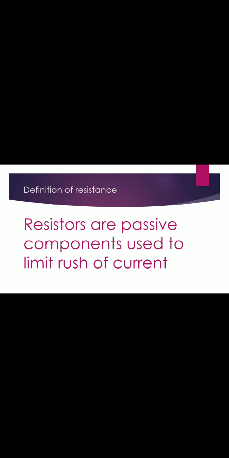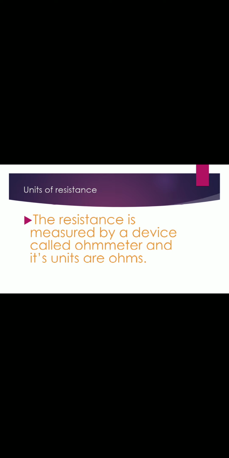Whenever a huge current flows through a particular circuit, in order to allow a fixed current to pass through the circuit, we use resistors. A resistor is simply analogous to a pipe that allows a fixed capacity of water to pass through along itself. So from the definition of resistance, we know they are passive components.